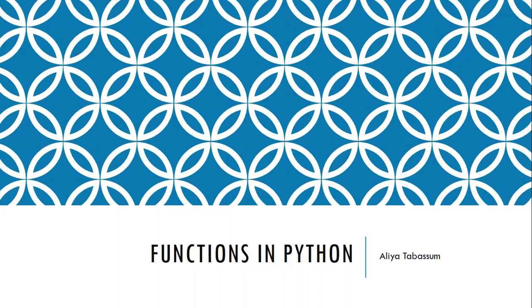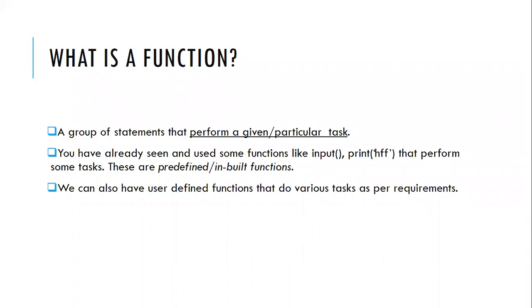So inshallah, today we'll get to know what is meant by a function and how we can define our own functions in Python language. So firstly, let us try to understand what is meant by a function. Function is nothing but a block of code which will consist of some lines of statements or lines of instructions to perform some particular task.